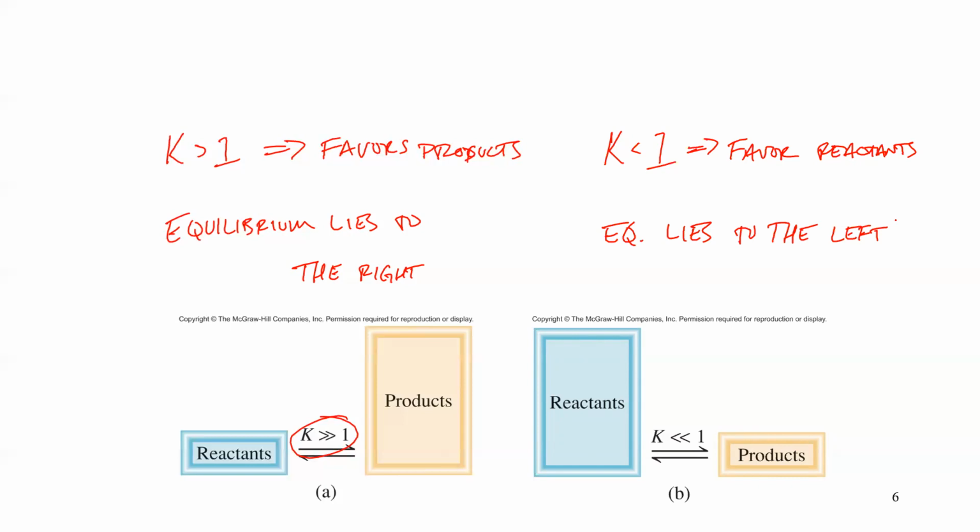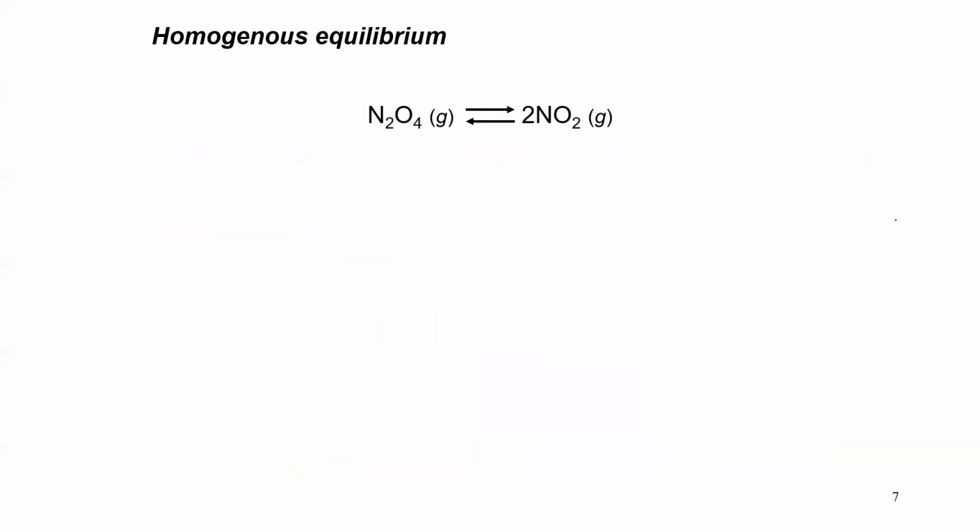All right. So there's two ways for us to approach writing an equilibrium constant, writing this equilibrium ratio. The first is for what we call homogeneous equilibrium. In this case, all reactants and products are in the same phase.